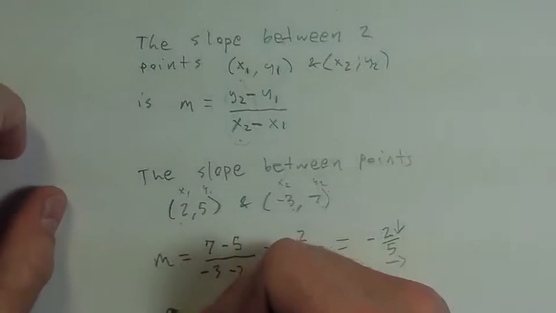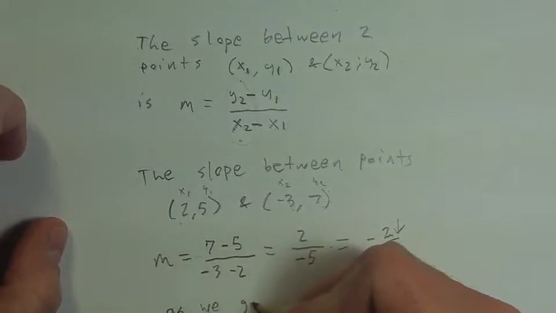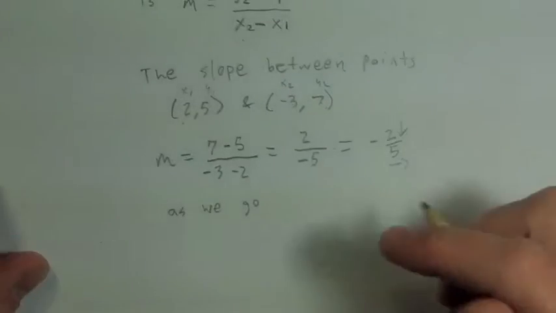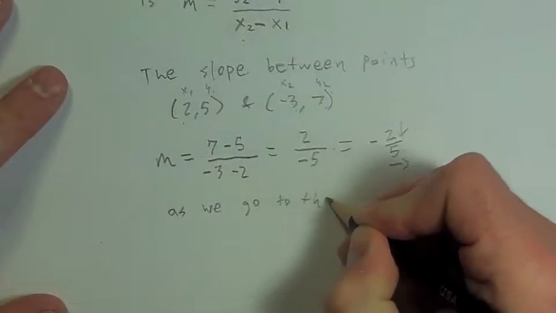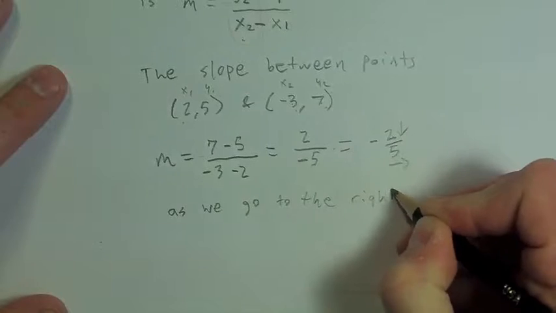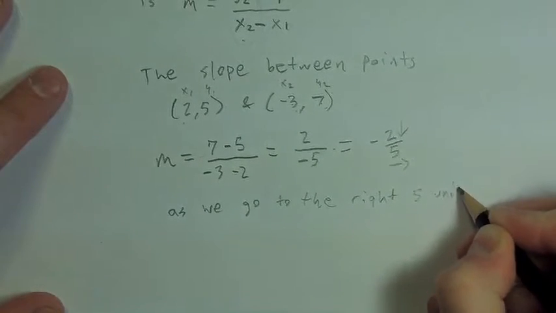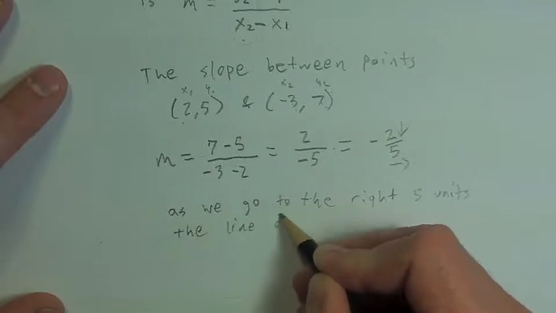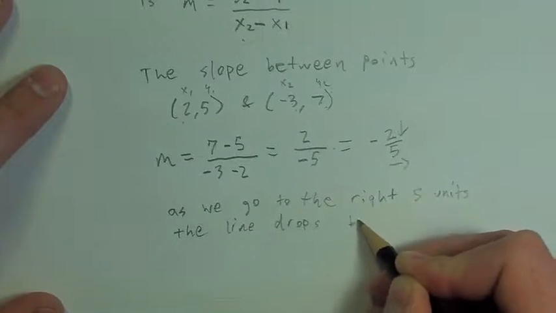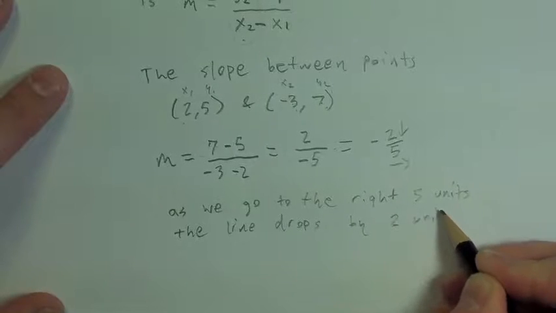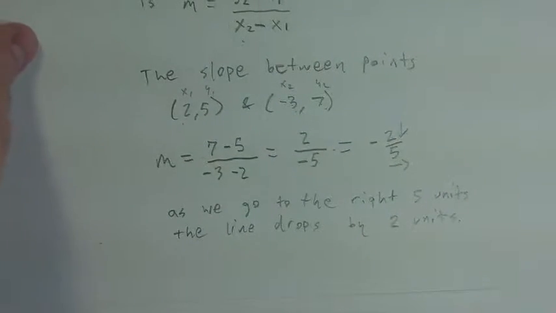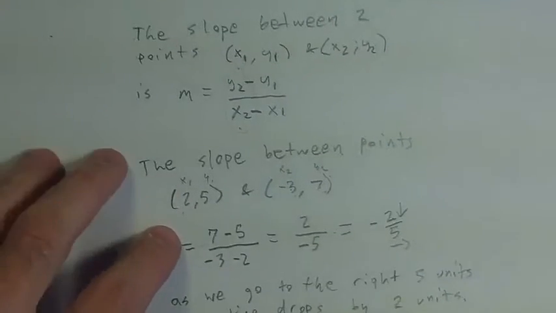Okay, so as we go to the right 5 units, okay, the line drops by 2 units. Okay, so that is how we calculate the slope.